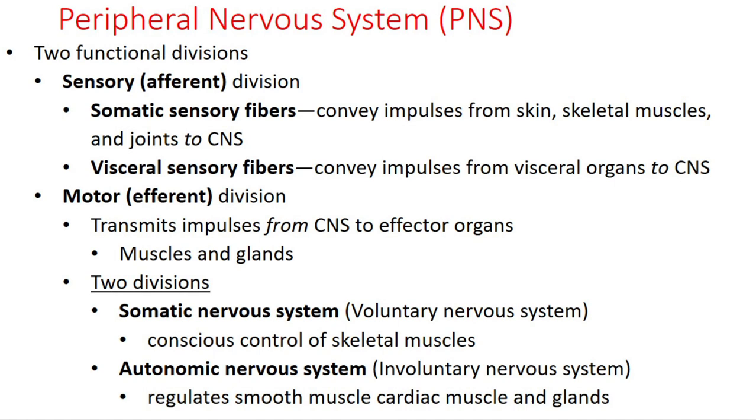And skeletal muscle is the only muscle that is controlled voluntarily. The autonomic nervous system sounds like automatic, which we have no control over. And the types of muscle, like cardiac muscle and smooth muscle, that contract involuntarily are controlled by the autonomic nervous system. Glands are also controlled by the autonomic nervous system.